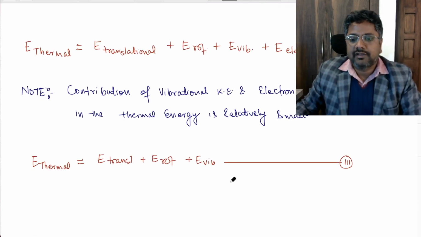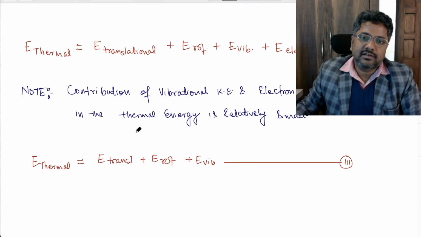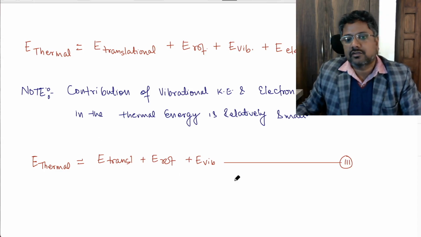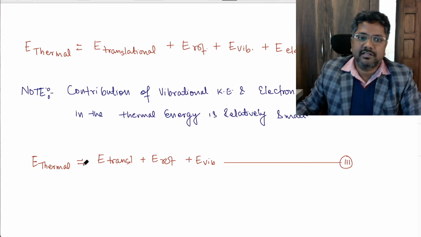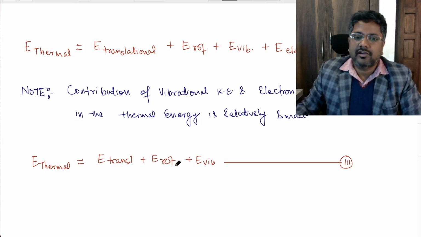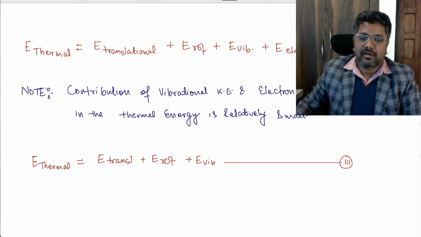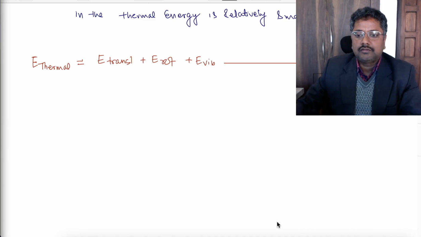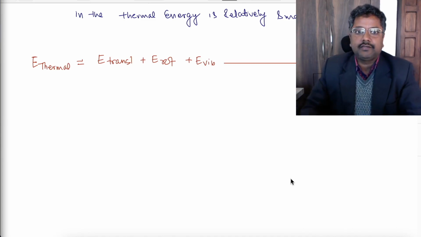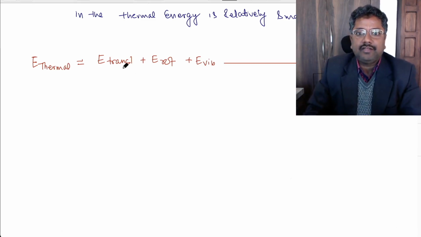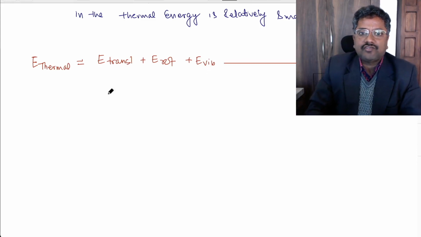So I will let you know what is the contribution of translational, rotational, and vibrational energy in the total energy, and accordingly we will develop the formula, right? Now, see, in the thermal energy, mainly translational, rotational, and vibrational.